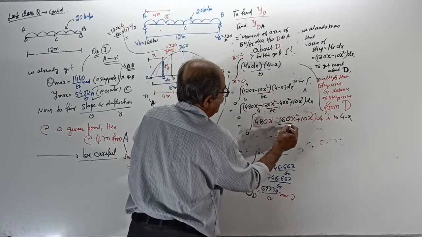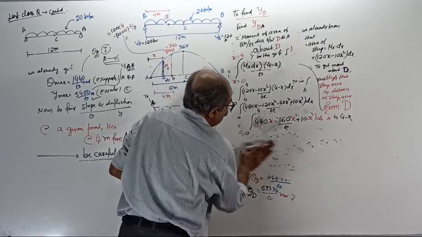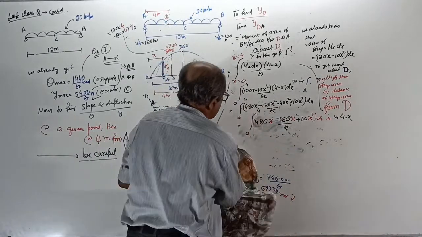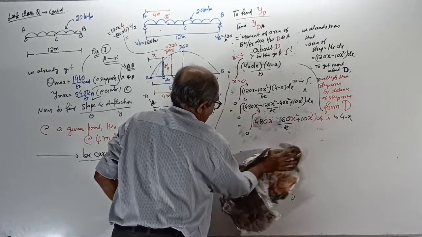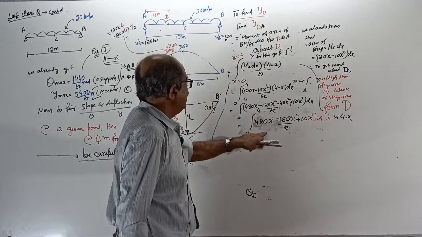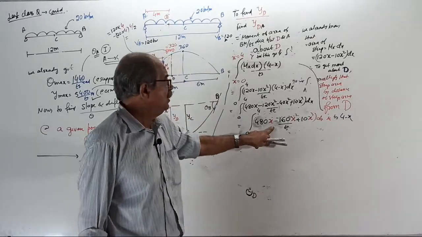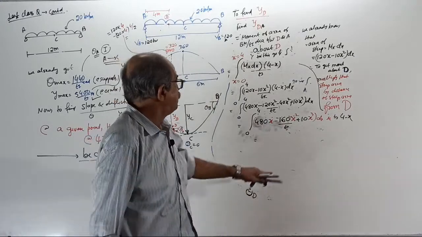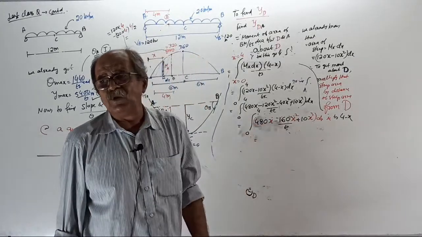Okay, I will rub this one now. Tell the answer. 480 into 4 square by 2 minus 160 into 4 cube by 3 plus 10 into 4 power 4 by 4.